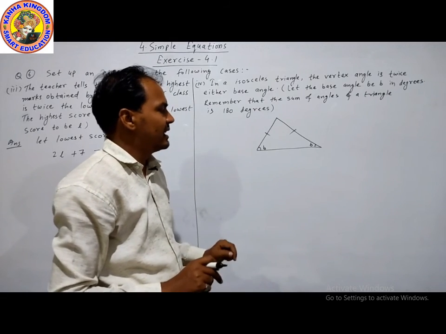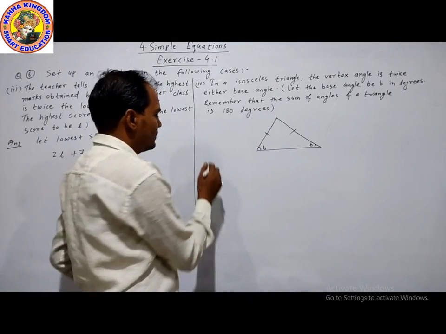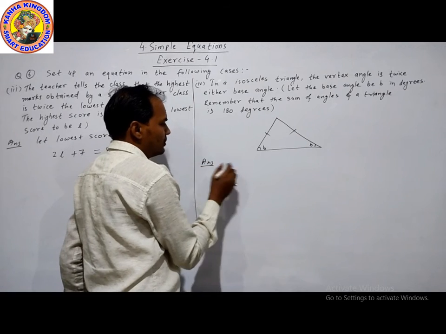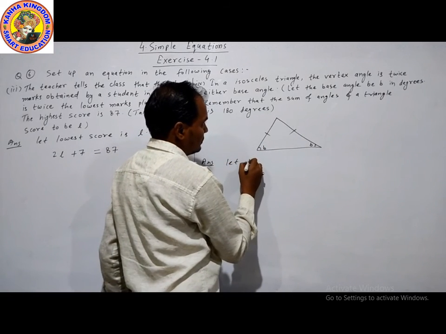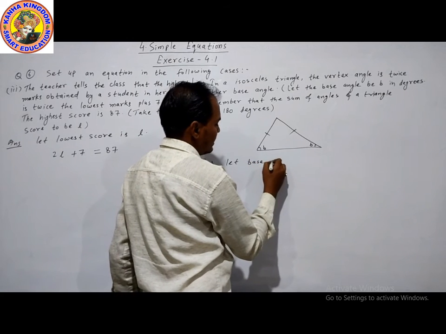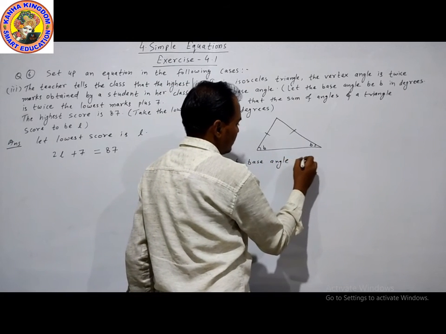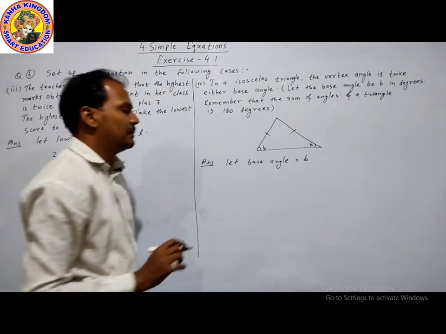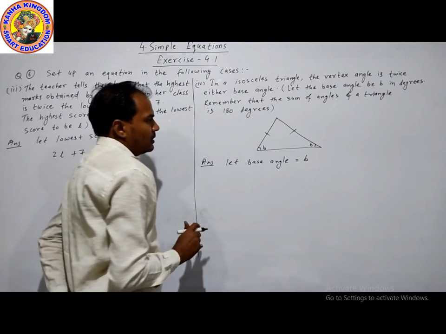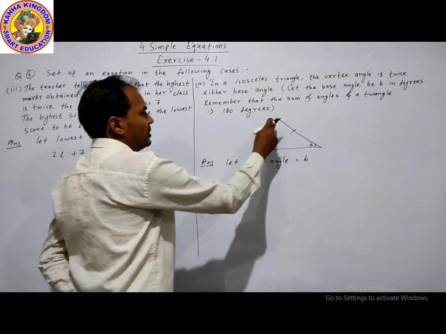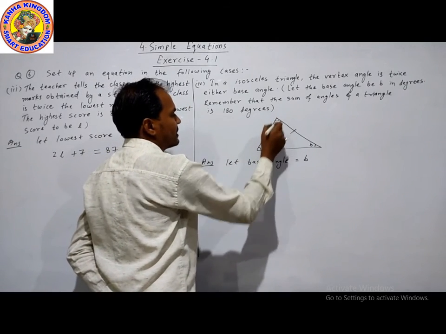Now what does the question say? First of all, we assume the base angle is B. Let the base angle be equal to B, B and B. Now here is the vertex angle.